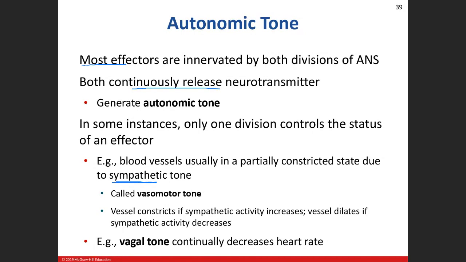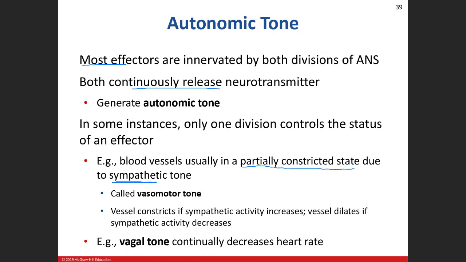So the sympathetic division is constantly releasing its neurotransmitter onto the end organ, and in this case our end organ is the blood vessel. It's continually releasing the neurotransmitter onto the blood vessels, causing the blood vessels to be in a partially constricted state.